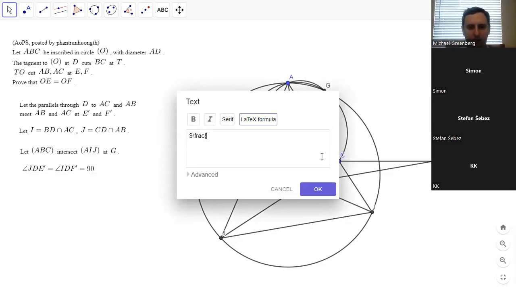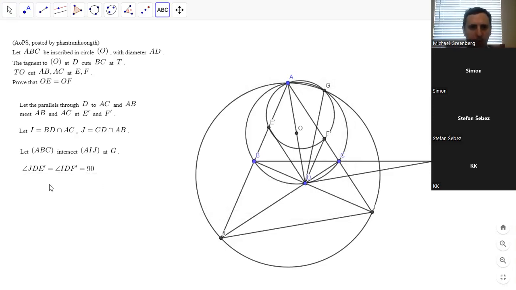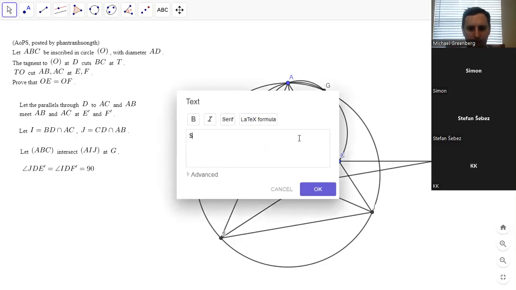So we have BE prime over BJ equals CF prime over CI. That implies AGE prime F prime cyclic by the power ratio lemma.